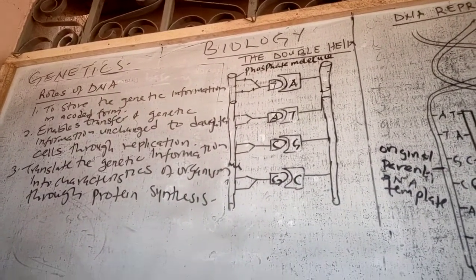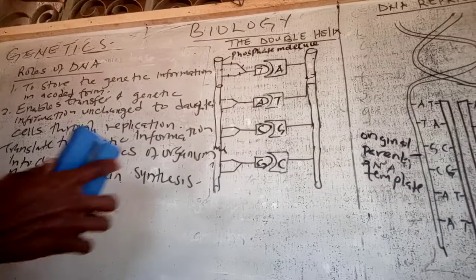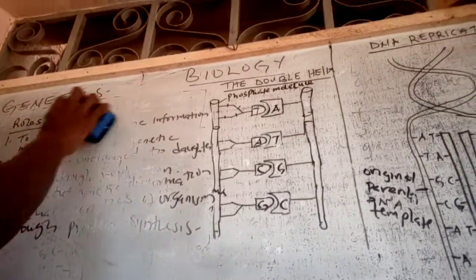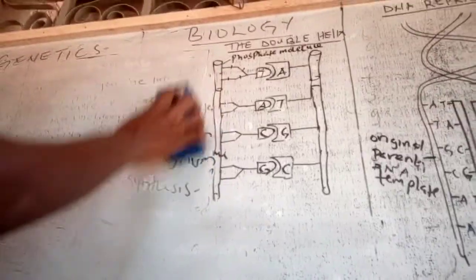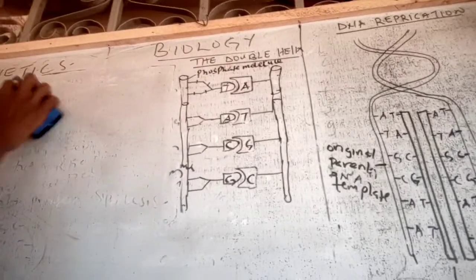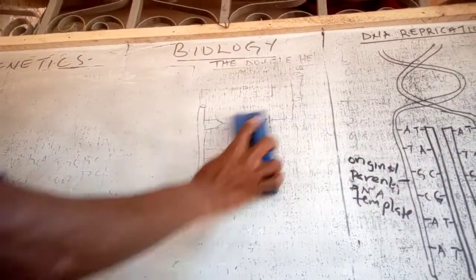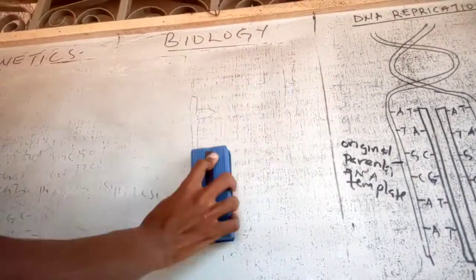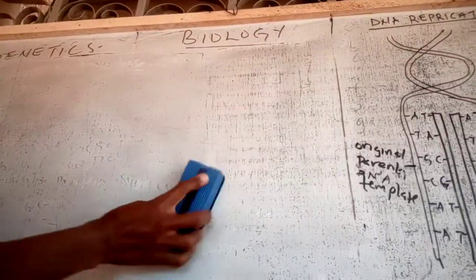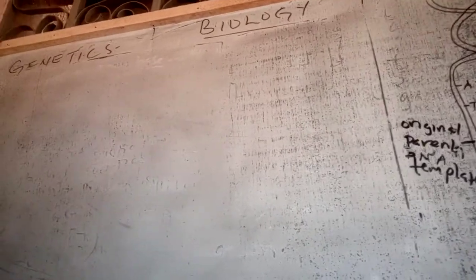Those are the acronyms of ribonucleic acid. The second type of nucleic acid is what we refer to as RNA.